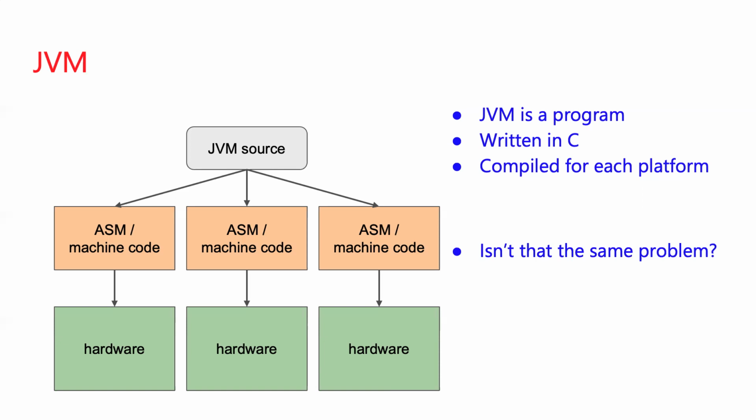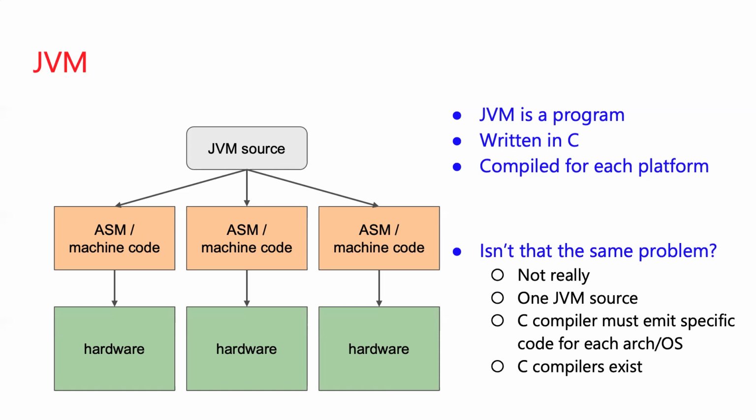Well, is this as bad as what we had in C? We made the point before that, well, with C, every program you want to run might have to be compiled separately for every machine you want to run it on. Here, we have to do this with the Java virtual machine also. We have to have a working JVM for every machine we want to run Java on. But that's only the Java virtual machine.